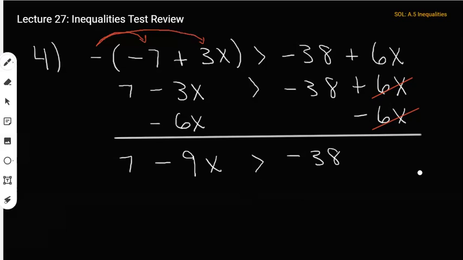So now we have a multi-step inequality. What I want to do now, now that I've gotten all the variables to the left side, is get all the regular numbers to the right. So to get rid of a positive 7, we're going to subtract 7 from both sides.